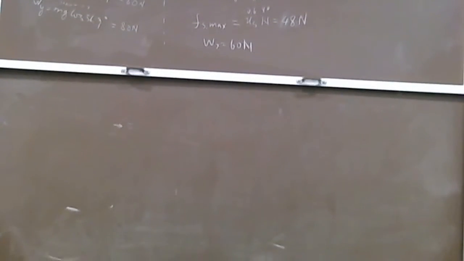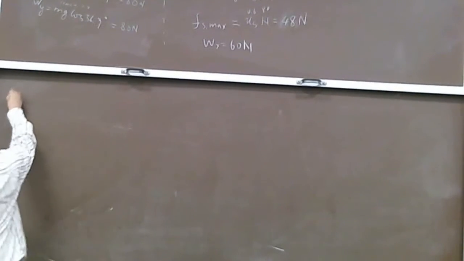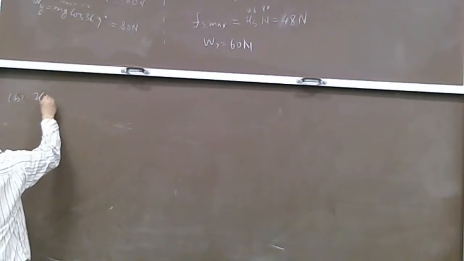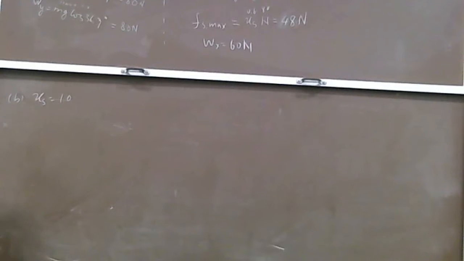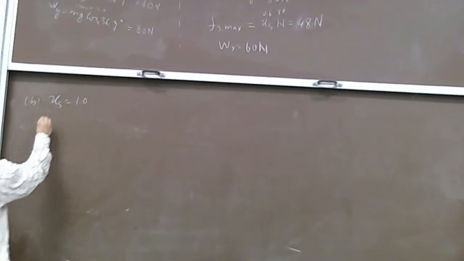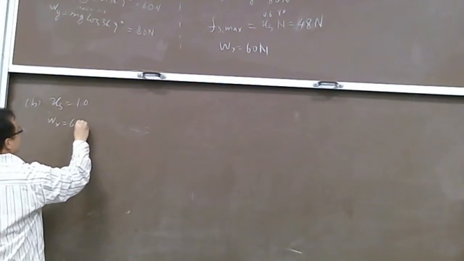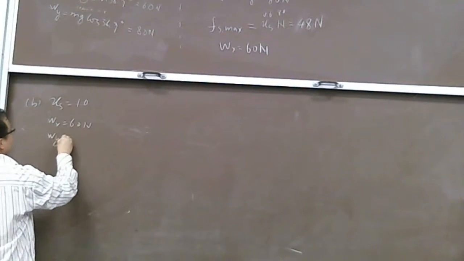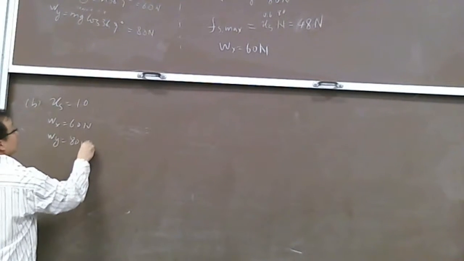Okay. Now let's look at B. If mu s equals 1.0, all this analysis, the Newton's second law stuff, wouldn't change. So you still have Wx equals 60 Newton, Wy equals 80 Newton.